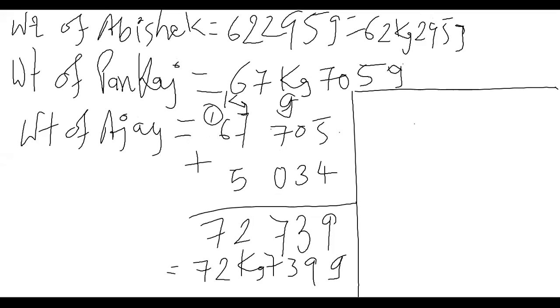Come on, do it fast in your notebook. So we have got the weight of 3 different people. Weight of Abhishek is 62 kg 295 gram.